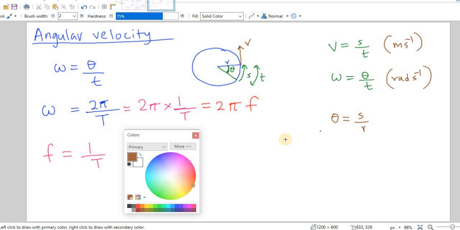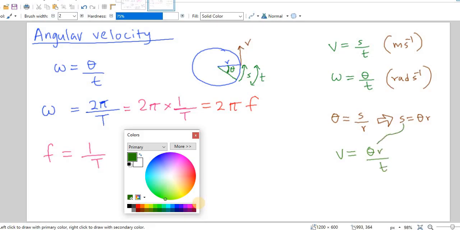This is what we used to define the radian. Now we make s the subject of this equation: s equals theta r. We substitute theta r for s here, so we get v equals theta r over t.